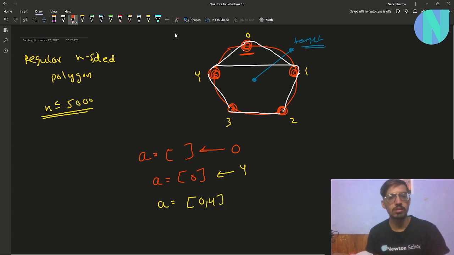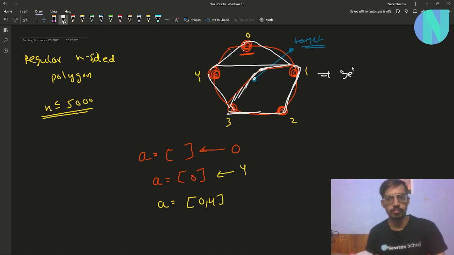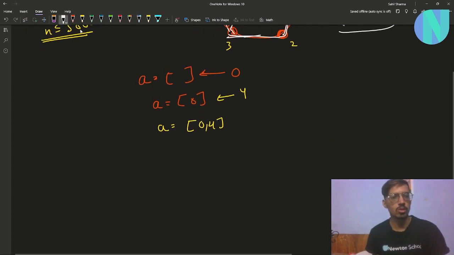And now my rubber band is from 1, it will touch the target, then go to 3, something like this. So now my rubber band is in contact with the target, so you can say that the game will end. Game ends. And in the end, my array A is equal to 0, 4.